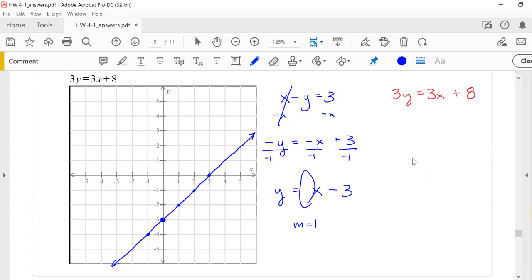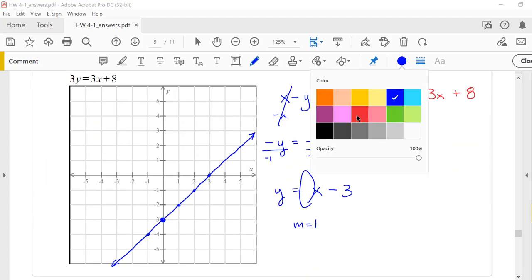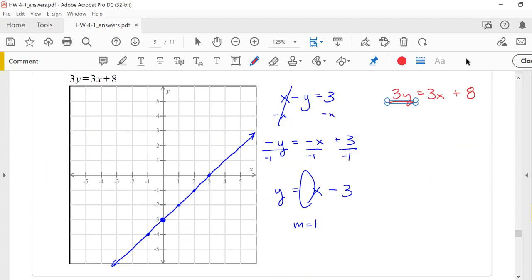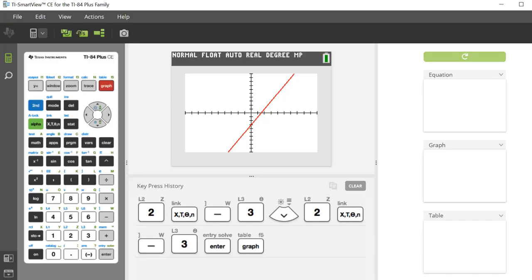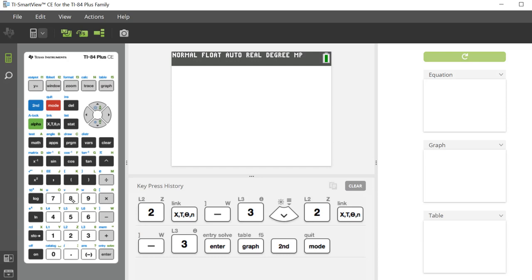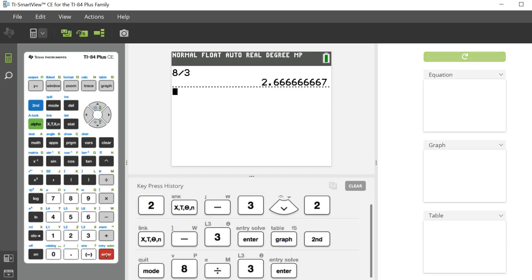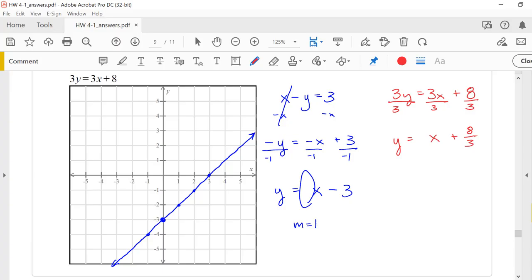For my red line, I just need to divide everything by 3 to get y by itself. y equals 3 over 3 is 1, so 1x, plus 8/3. My y-intercept is 8/3, which is 2.667, so 2.67 about right there.